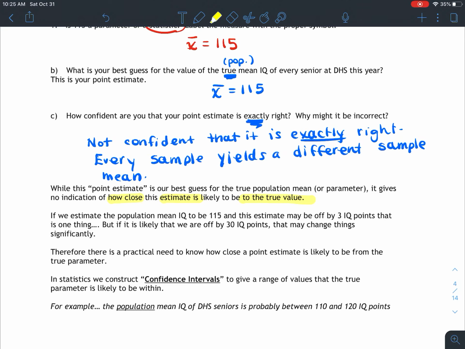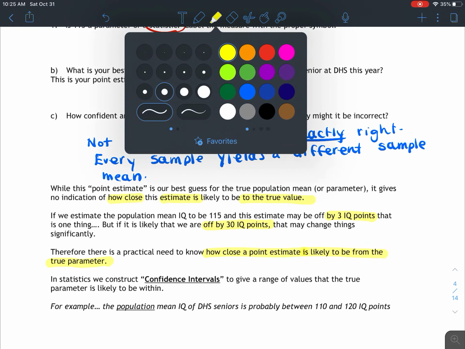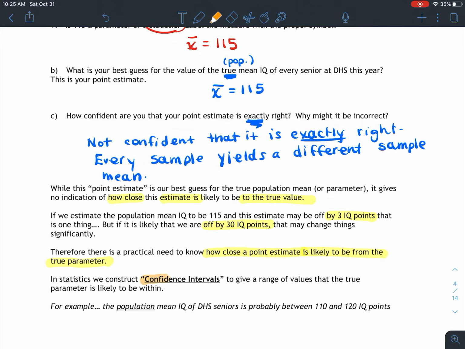Okay, it's just kind of this single value. If we were to estimate the population mean, and we'll say that it's 115, our estimate could be off by 3 IQ points. That's not that much. Or it could technically be off by 30 IQ points, which really feels like that's a significant variation there. So it does kind of feel like there's this practical need to kind of know how close our point estimate is likely to be from the true parameter. And so this is where confidence intervals enter onto the scene.